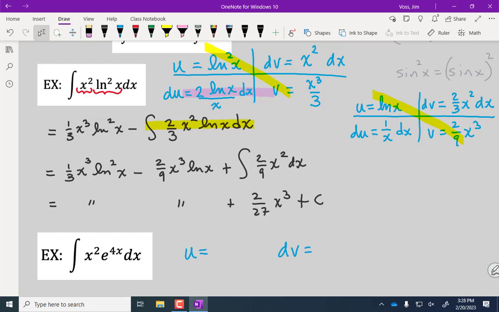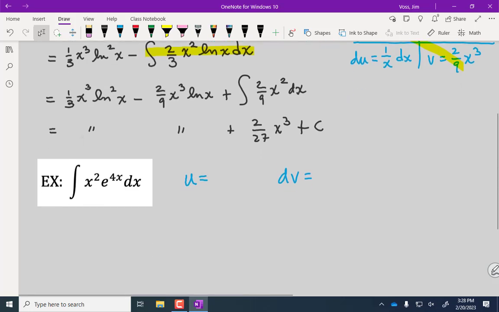As we integrated, that power went up, which in general seems like a counterintuitive thing to do because that seems like it's making it worse because the power is going up. But we had this offsetting thing of division by x over here from the derivative of natural log. So even though this power went up, when we multiplied those two, it actually just stayed the same. Right? We still ended up with an x squared.